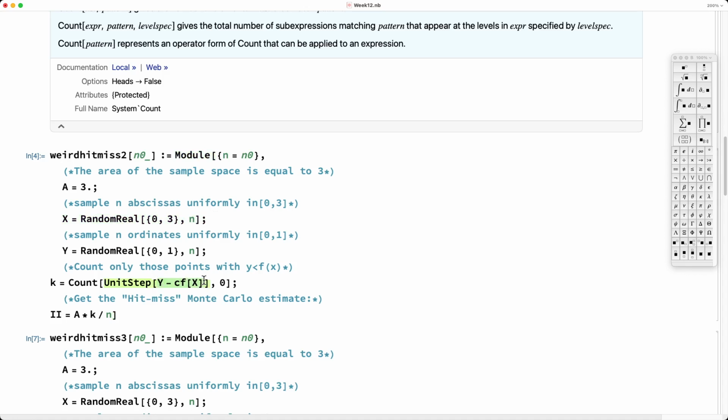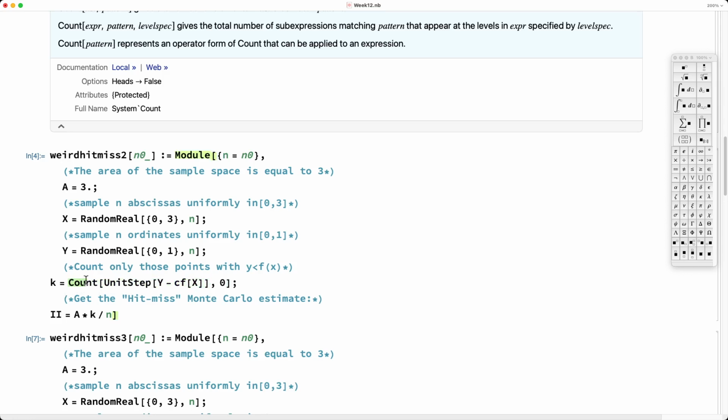I'm going to get some samples that are below the curve, and these will have a negative y minus f of x, and for those the unit step function will return 0. And I want to count how many zeros I'm going to get.